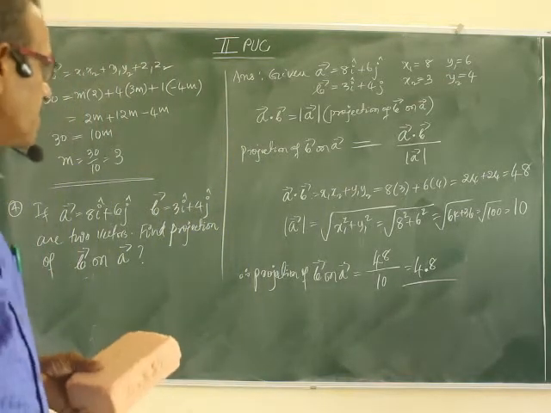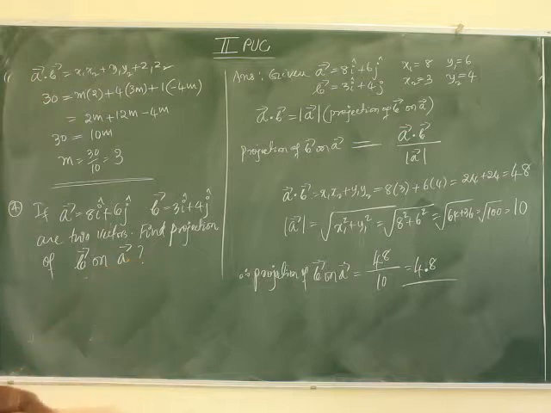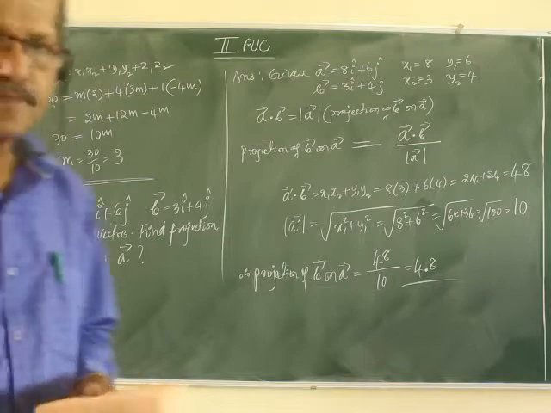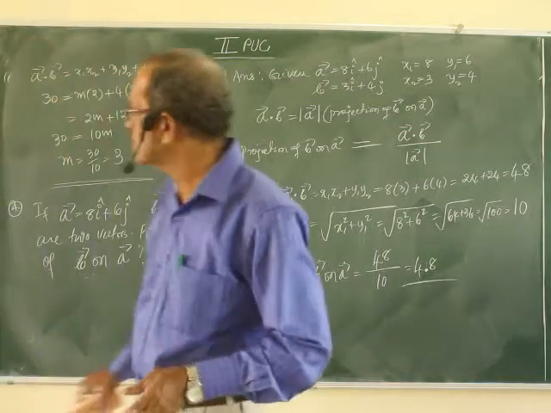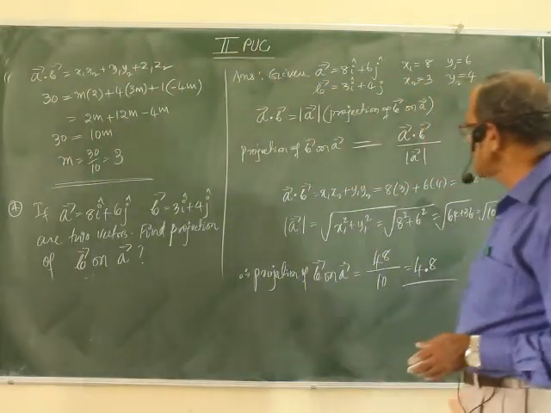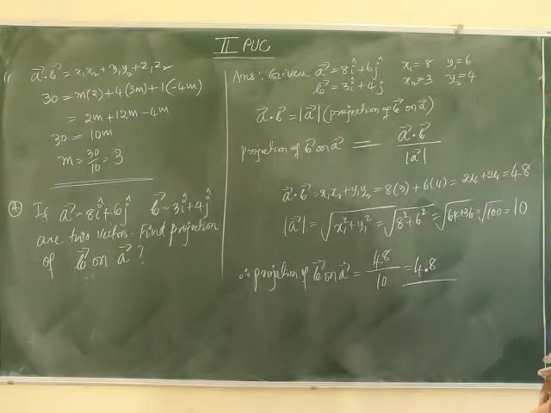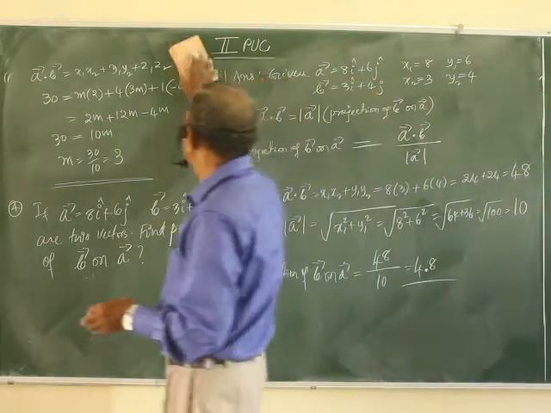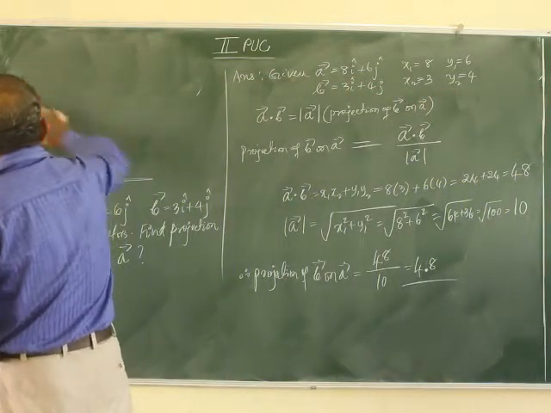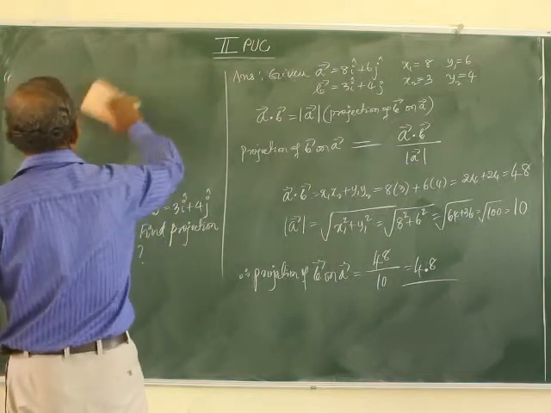Right? Projection of the vector B on A is 4.8. Easy. You just have to use the formula which is given as the second one in your list.